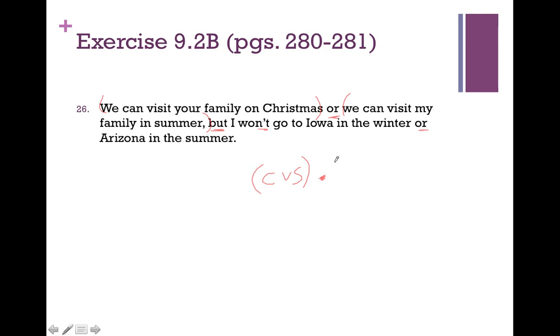So you're saying I won't go to, let's say, Iowa or Arizona in the summer. Now the tricky part is, where does this negation go? And the way I understand it is that negation actually goes in front of this disjunction, and it's going to look like this. So I'll just put it up here so it's a little clearer.